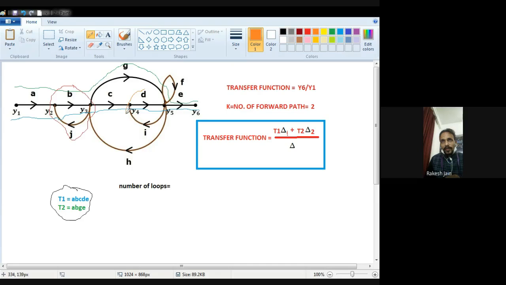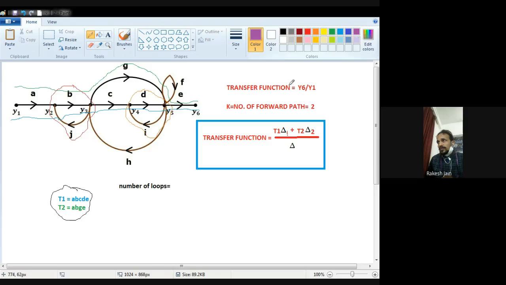Number of loops. So how many loops are there? See, now I will show you with this red color in the diagram, one loop. This is a closed path. Yes, this is a closed path. Okay, one loop.